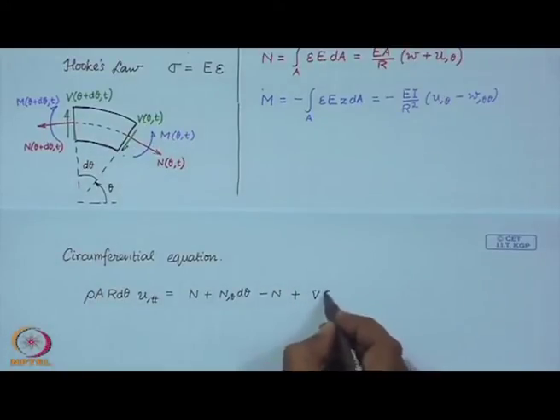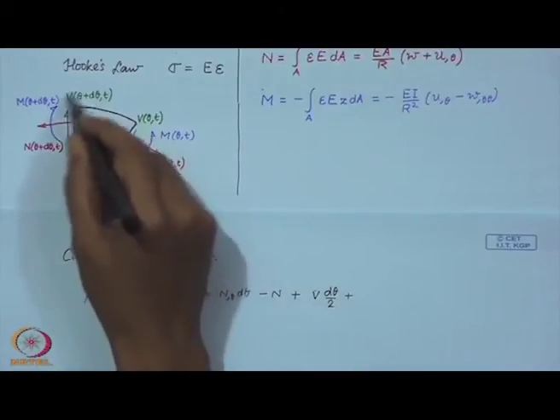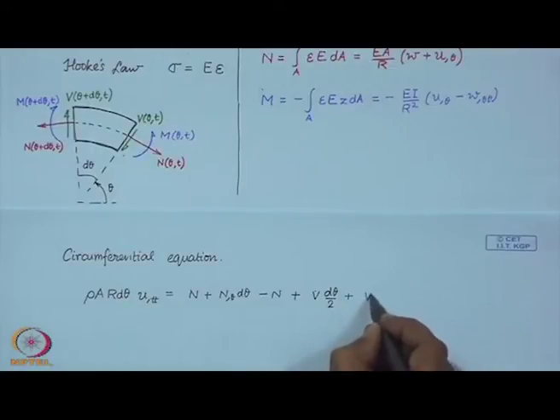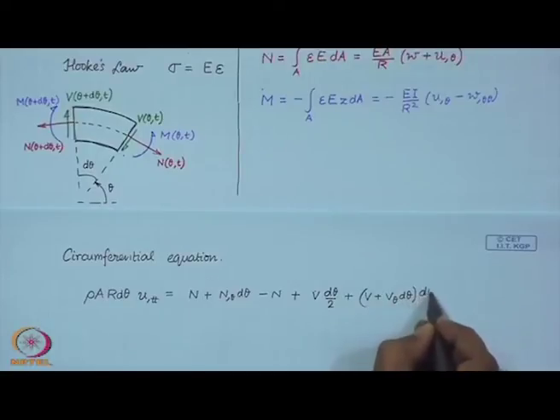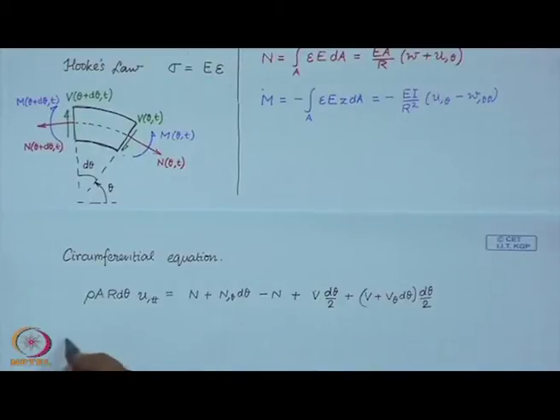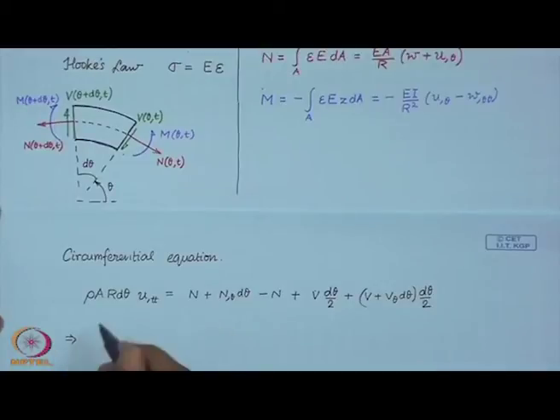So, that is almost d theta over 2, and plus we have this again. So, therefore, if you divide by d theta and drop terms smaller than the first order, then you can easily write this equation.